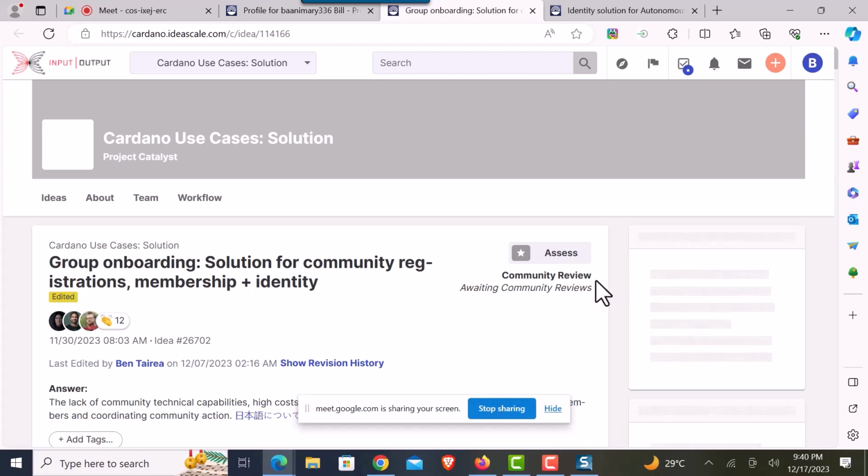So this one is under Use Cases Solution. We won't go to the About again because of time.